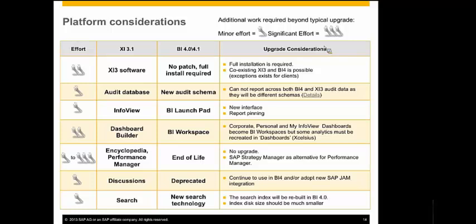Encyclopedia and Performance Management have been end-of-lifed for BI 4.1, and you won't be able to find them there. So if you have any Encyclopedia content that you want to reuse, I'm sorry to inform you, you won't be able to.